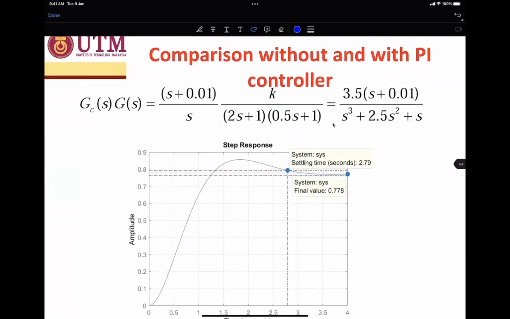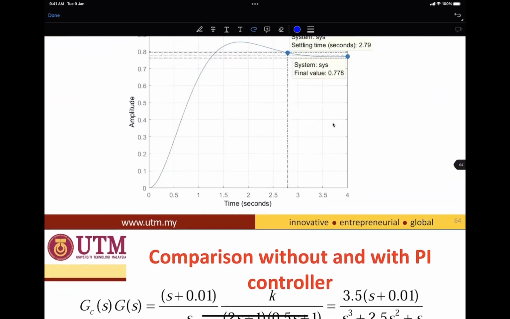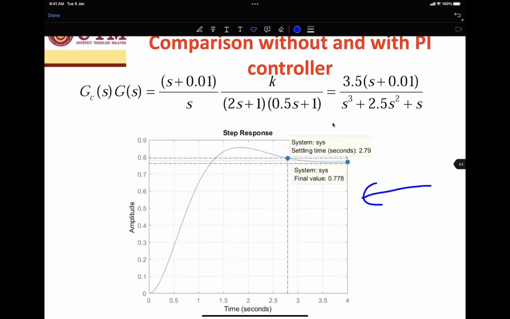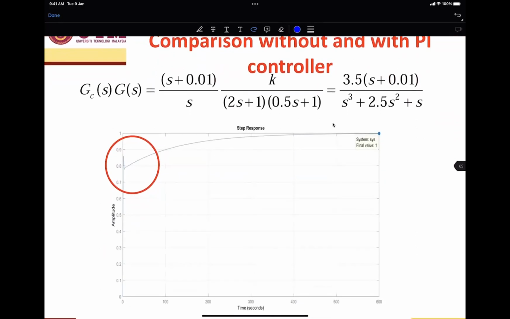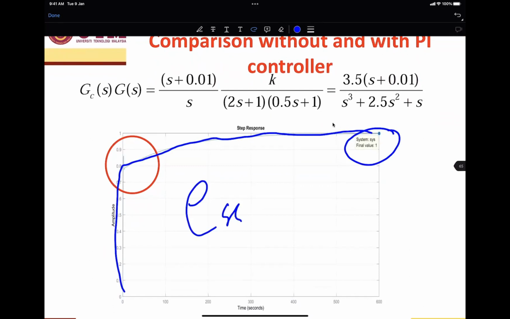This is before PI. When you apply the PI controller, the response will go up until it gets to one final value, and the steady state error is now 1 minus 1, which is equal to 0.